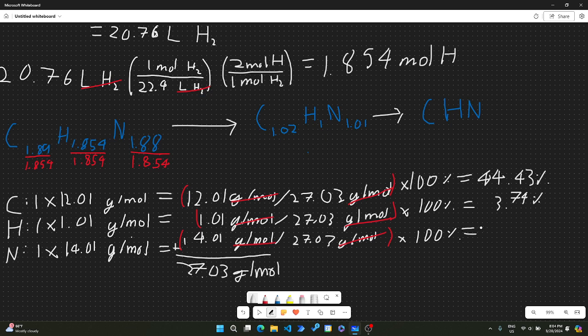And for nitrogen, it's 14.01 divided by 27.03 times 100%. And that will give us 51.83%. And we can add these together to make sure that they add up to 100% or close to it. So if we add this, we actually get exactly 100%.